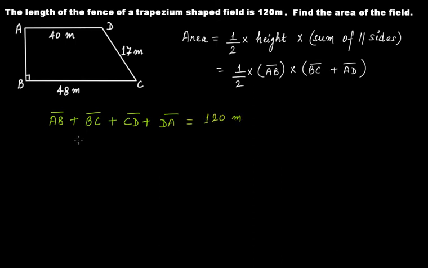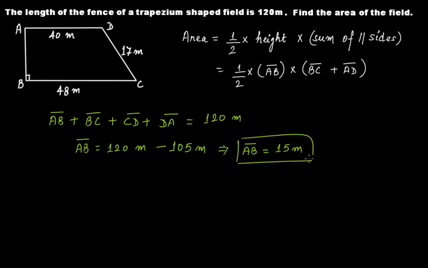We don't know AB, so AB will be equal to 120 meter minus BC plus CD plus DA. So 48 plus 17 is 65, plus 40 is 105. So this is 105 meter. From here you get AB is equal to 15 meter.